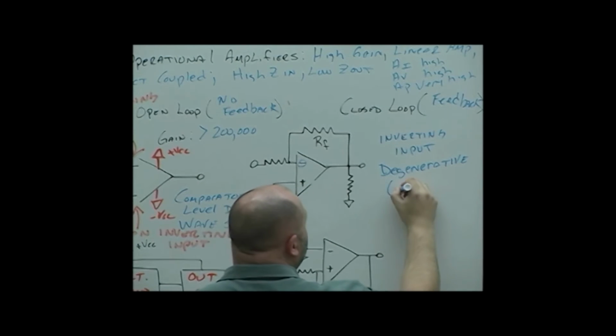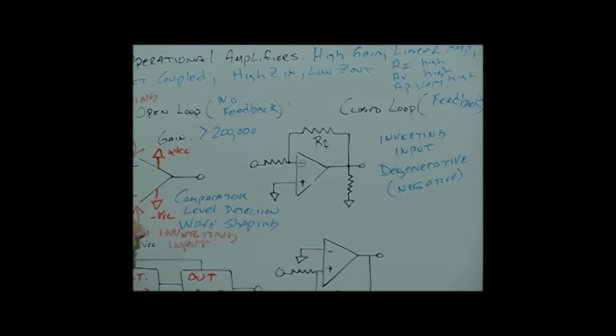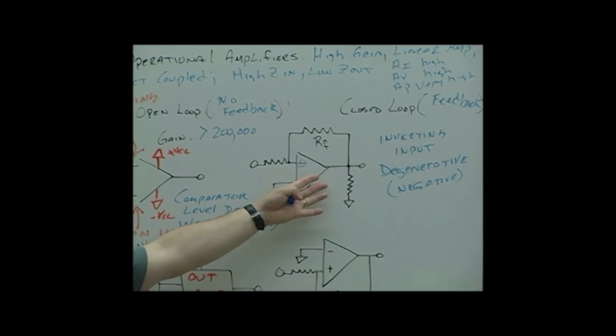We can also call it negative feedback. You know that. It's brought back to the inverting input, degenerative feedback. I'll mention that down here when we get to this part. So, as far as basic characteristics, that's all you got to know.